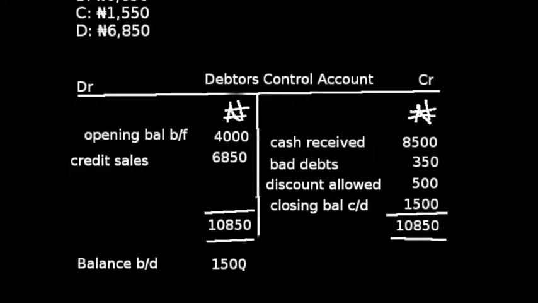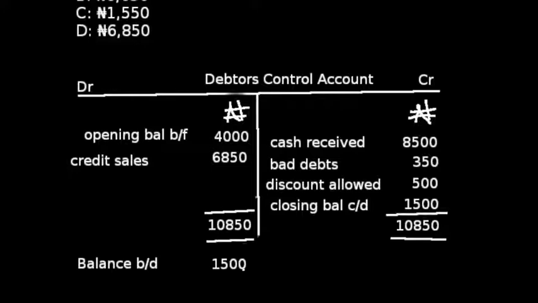I have said that in getting our sales, we need to add the credit side, and in adding the credit side, we have a total amount of 10,850 naira. Then we minus the opening balance, which is just 4,000 naira, from the 10,850 naira to give us the credit sales, which is the sales for the period, as how much? 6,850 naira.